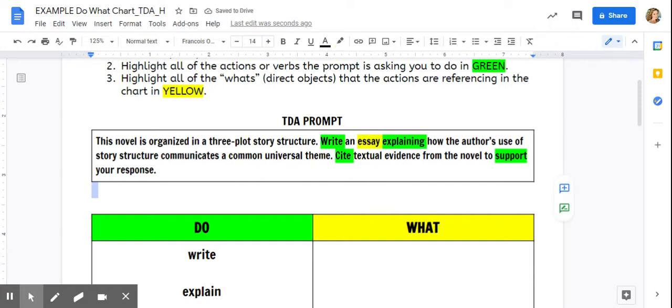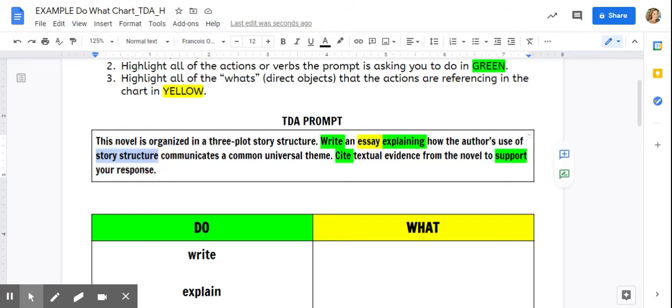And explain. Explain what? Well, how the author's use of story structure communicates a common universal theme. I don't want to highlight all of that. I'm just going to highlight the main words. Story structure. Sorry, I'm thinking along as I do this.